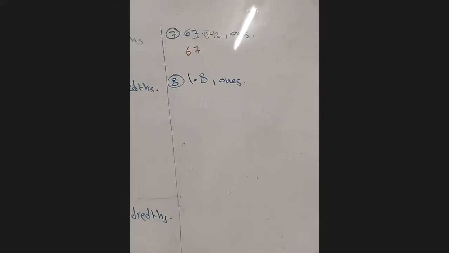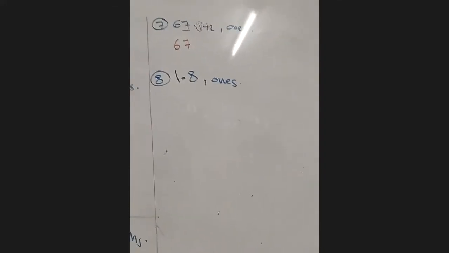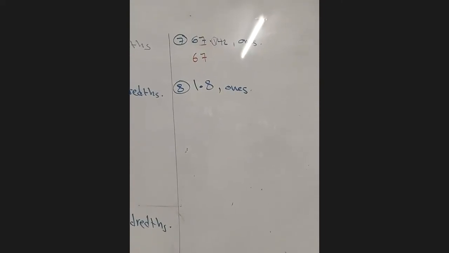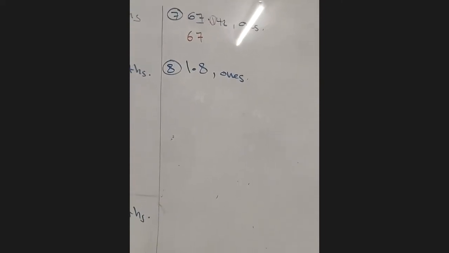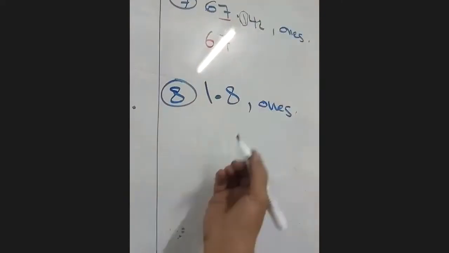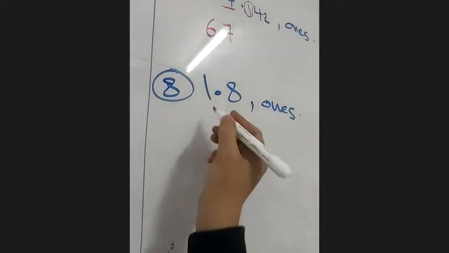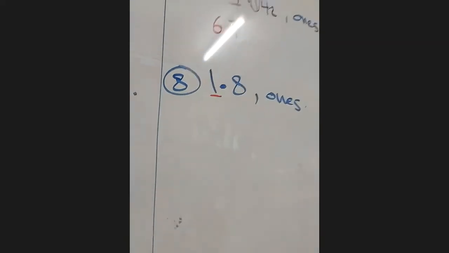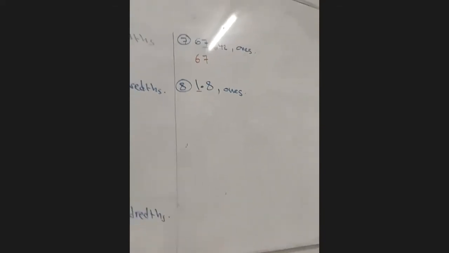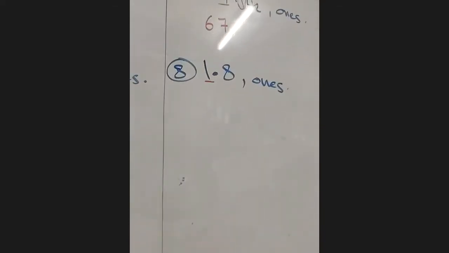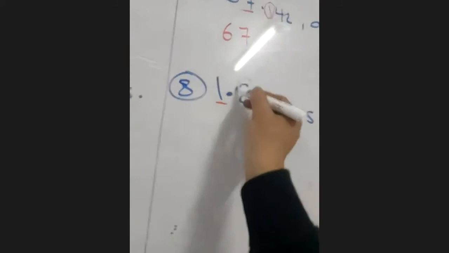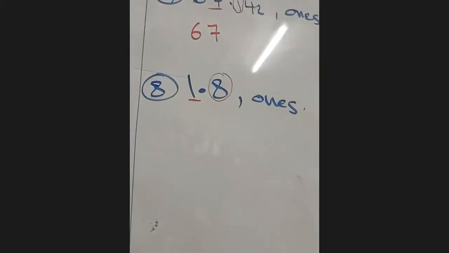Yes, I hear you, Jalal. Yalla, 1.8 for the ones. Which number we want to round? Which digit? The one, I think. Don't think, be sure. The one. Now, what's the next number? We will see the 8. So, what we will do?